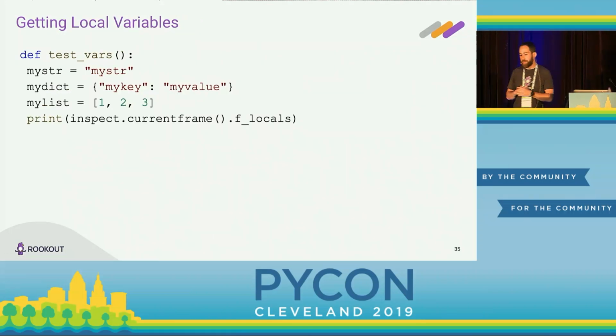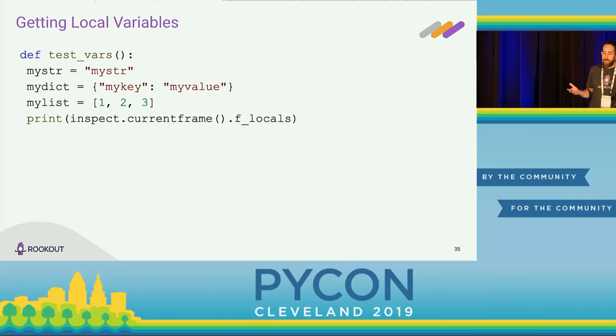And in the second example, let's take a look at how we access local variables. my_str is a string, my_dict a dictionary, my_list is a list, and here we print f_locals, part of the current frame. Does anybody have any idea what that's going to do?